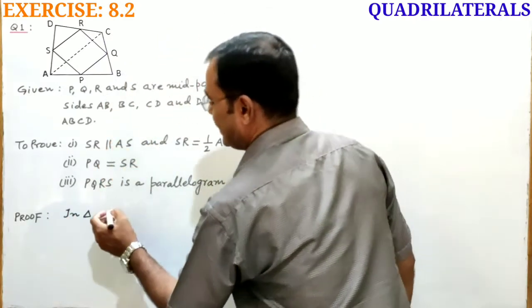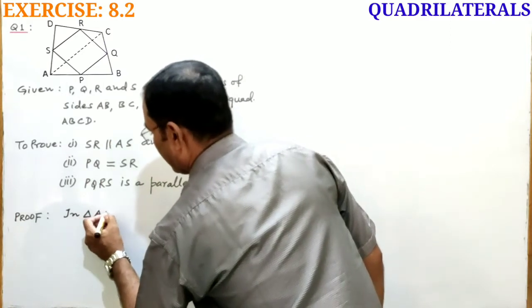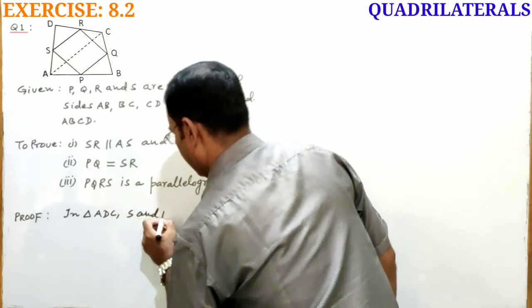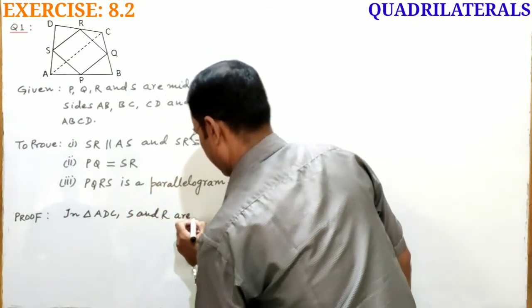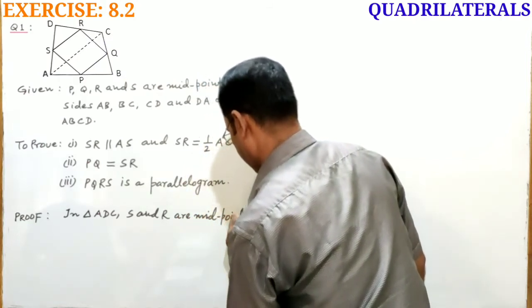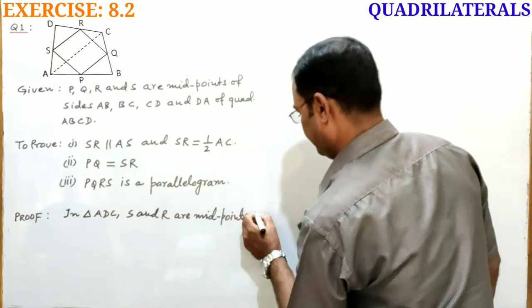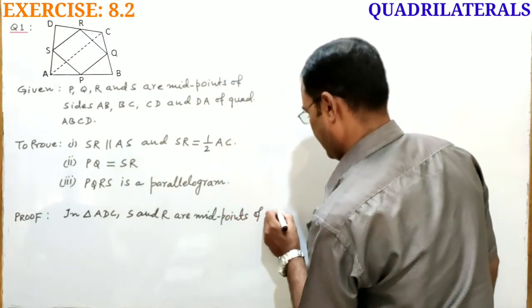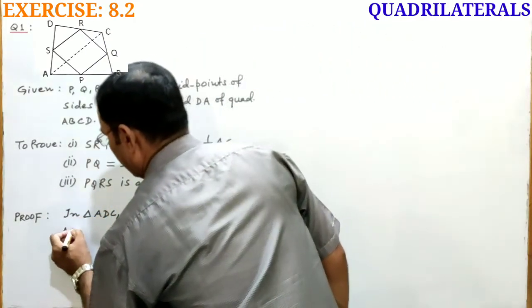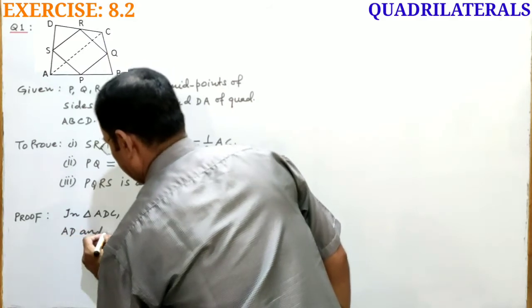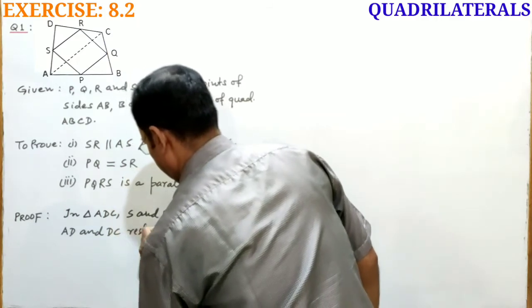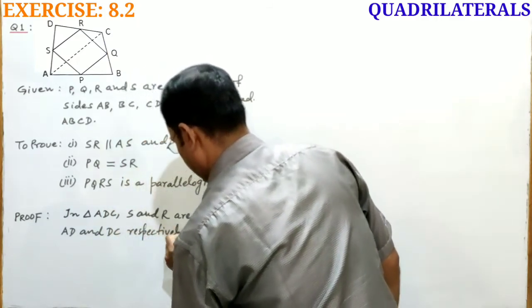In triangle ADC, S and R are midpoints of sides AD and DC respectively.